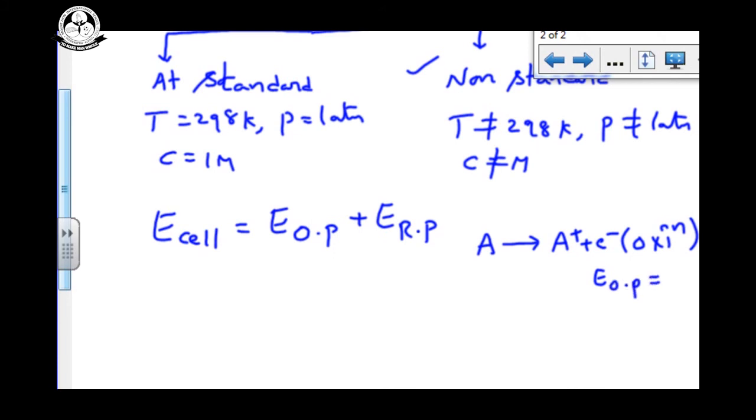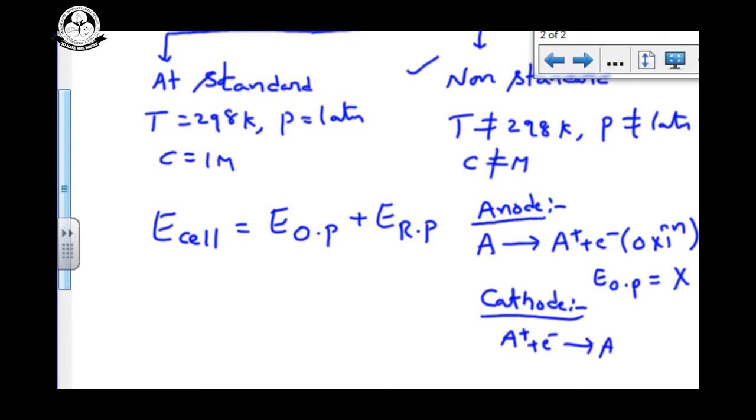The potential developed at the anode during oxidation is called the oxidation potential, say X volts. Cathode is reduction, which is gain of electron. A plus electron gives rise to A. That is called the reduction potential.